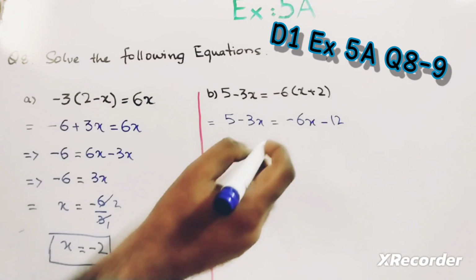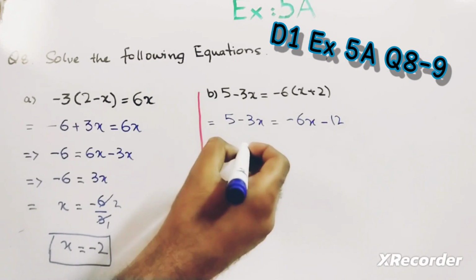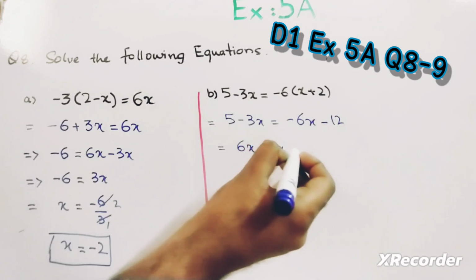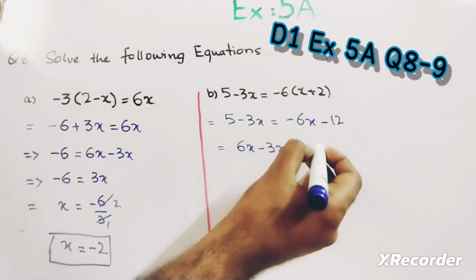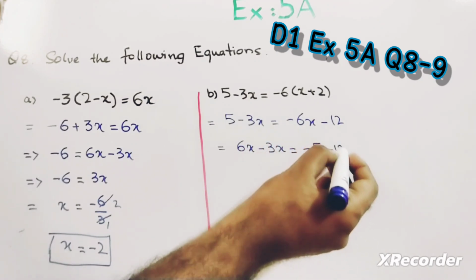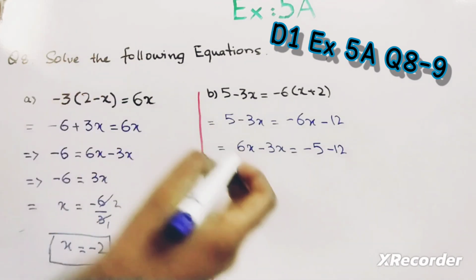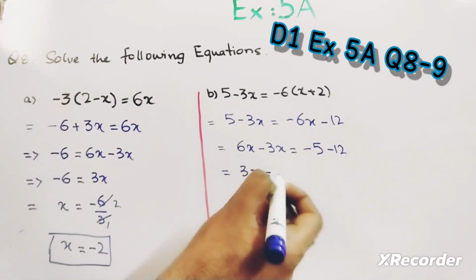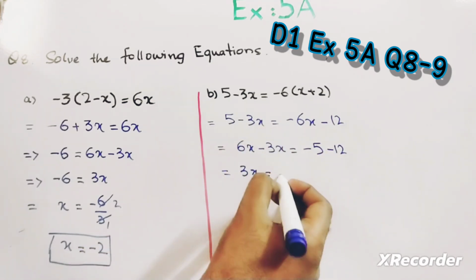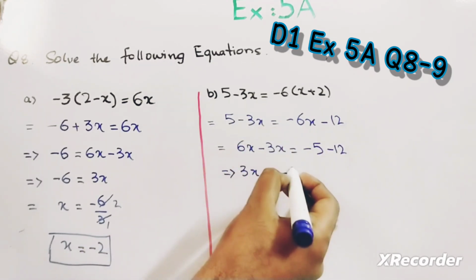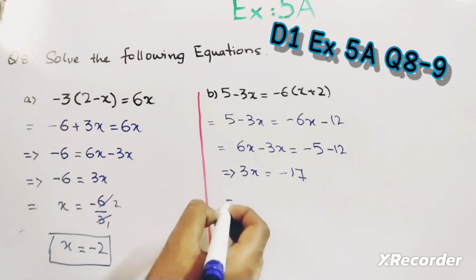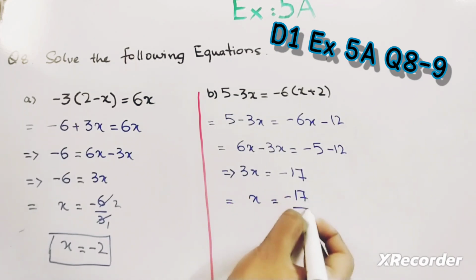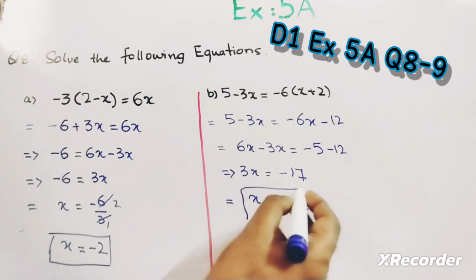Now by rearranging, we get 6x minus 3x is equal to minus 5 minus 12. 6x minus 3x is 3x, and minus 5 minus 12 will become minus 17, and x will become minus 17 upon 3, and that is our required answer.